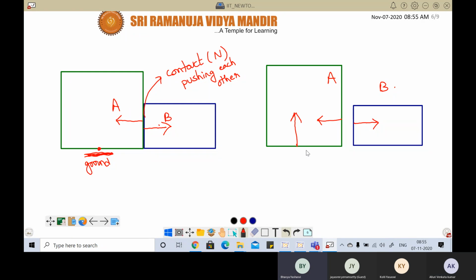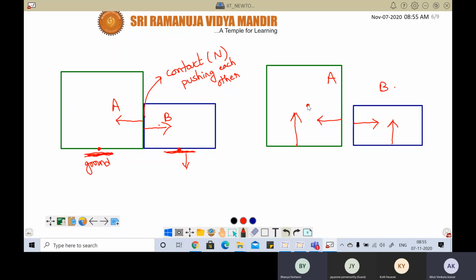So the free body diagram of block A is over. Same way, between B and ground there is contact. So B pushes downwards, and the ground pushes upwards. This is the free body diagram of block B.